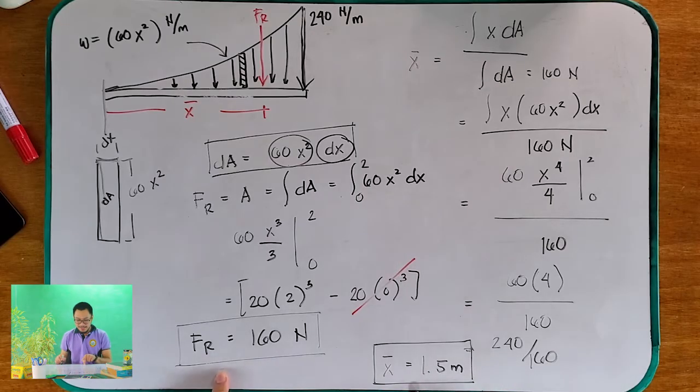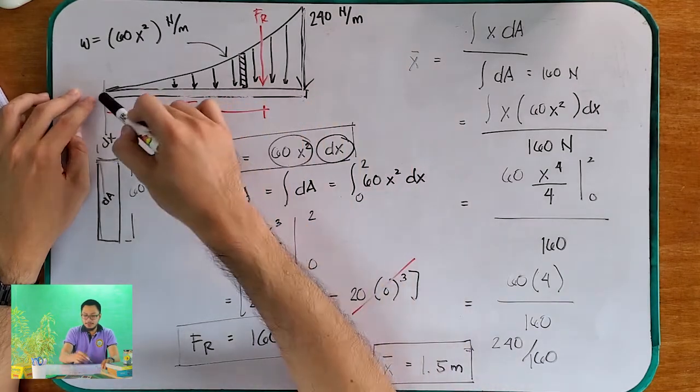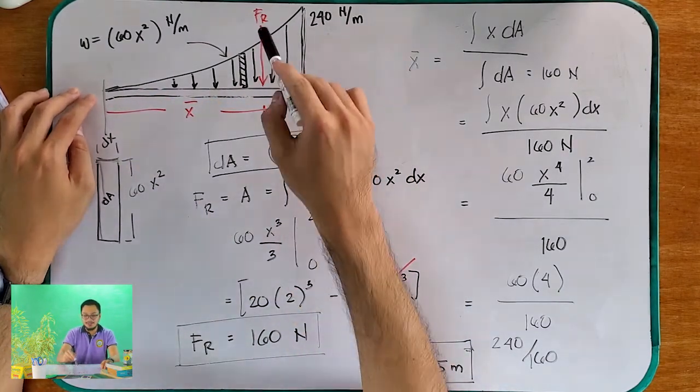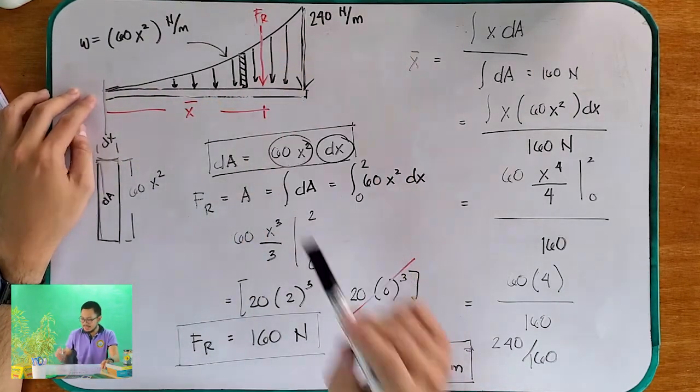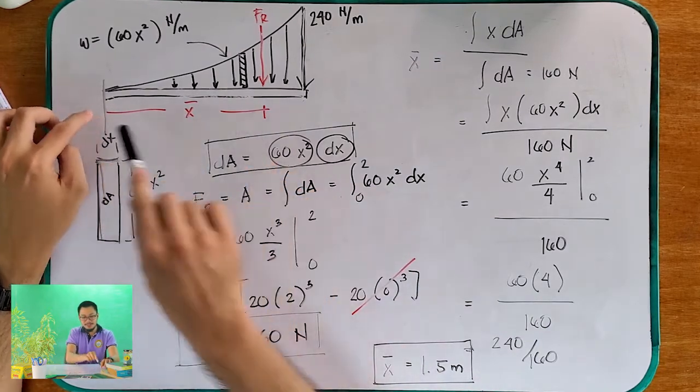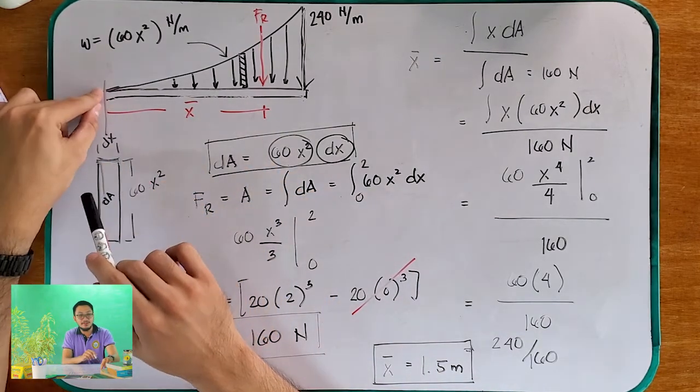This is your integral calculus. Do you have integral calculus already? I assume your integral calculus is a prerequisite for you to be able to reach this subject. So, what does this mean? Our curve, we can simplify into its resultant force, 160, which is acting 1.5 meters from the left of this beam. Understood?